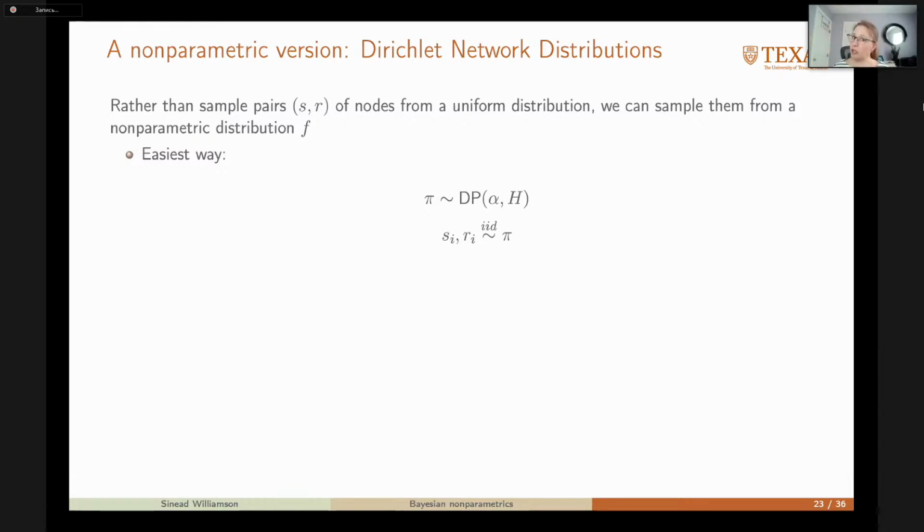I'm going to use the Dirichlet process because we know that. And I'm going to sample sequences of what I'm going to call sender and recipients, because I'm thinking in terms of emails, IID from this distribution. Okay. So now I have something where I can sample as many edges as I want. And I expect the number of nodes, those are the senders and recipients, to grow over time.